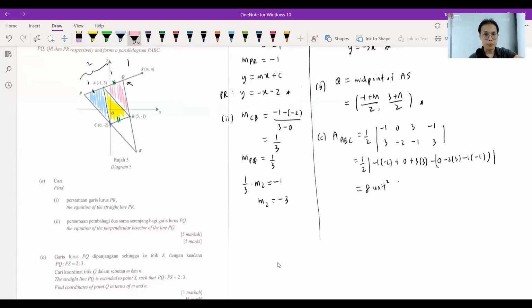And since it's also a midpoint, they're all midpoints, meaning this green part also has the same area. So in short, ABC is 1/4 of PQR, or should I say the area of PQR is 4 times ABC. So 4 times 8, 32 square unit.